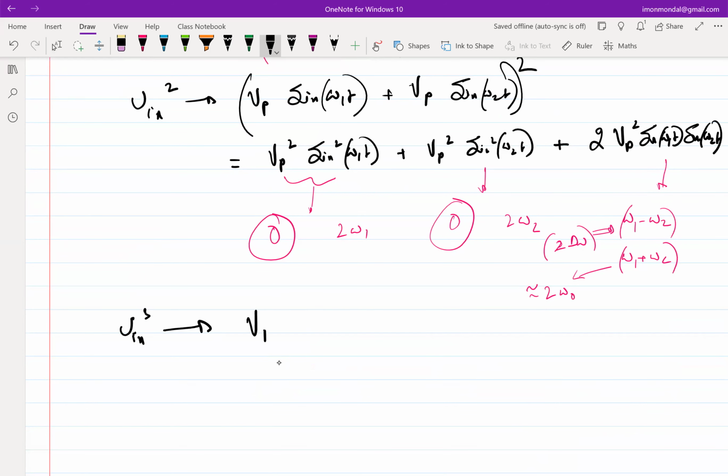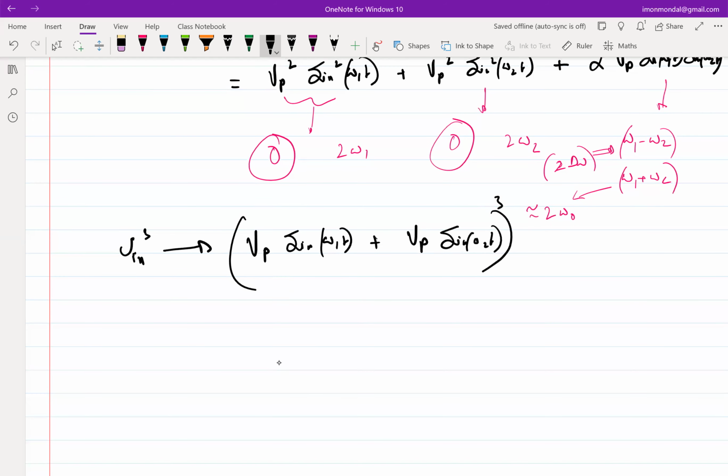so then we essentially get Vp sine omega 1t plus Vp sine omega 2t whole cube. So the terms that you get are, naturally you get omega 1. So basically, you get cubics of each of the terms, then 3 times Vp sine square omega 1, sine omega 2, and 3 times sine omega 1, sine square omega 2, right?